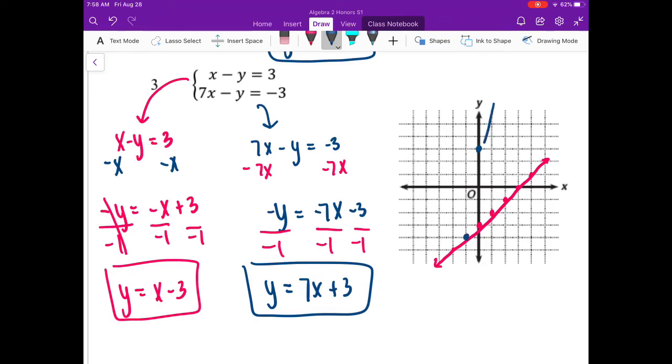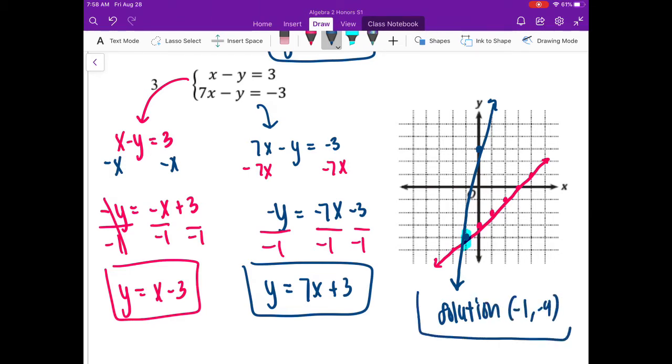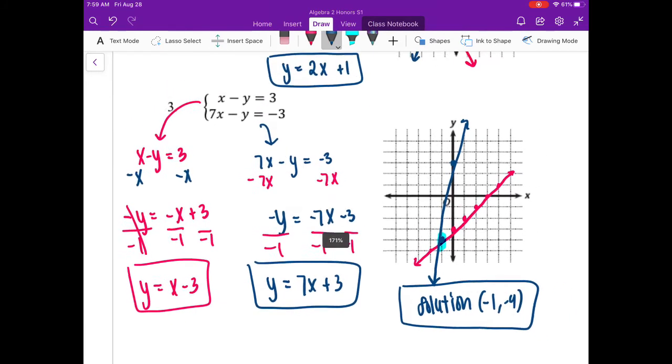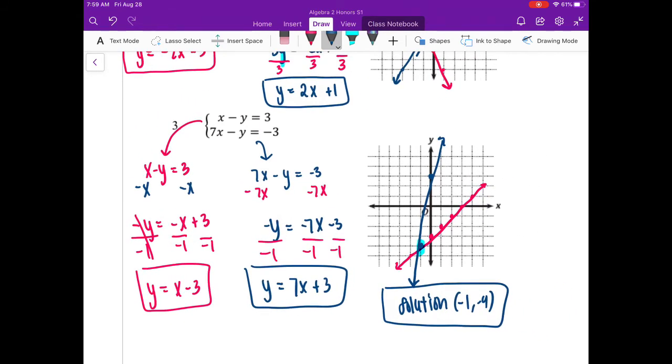And try your best to connect these 2 points. Don't forget to write out what your solution is, and that's going to be at negative 1, negative 4. So just a reminder, when you're doing these kind of problems, you need to graph the lines, and then you also need to tell me what the solution is.